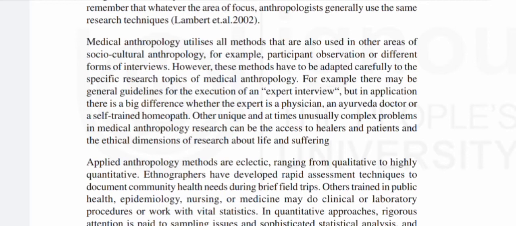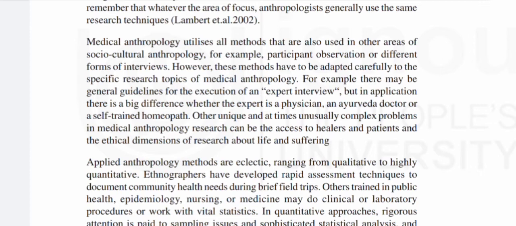Applied anthropology methods are eclectic, ranging from qualitative to highly quantitative. Ethnographers have developed rapid assessment techniques to document community health needs during brief field trips. Others trained in public health, epidemiology, nursing, or medicine may do clinical or laboratory procedures or work with vital statistics.